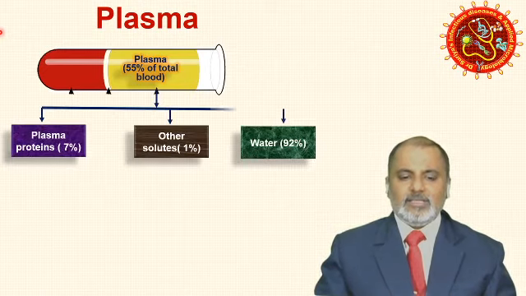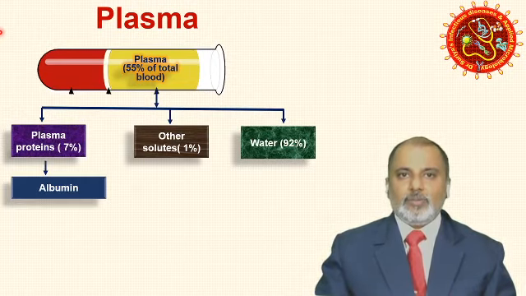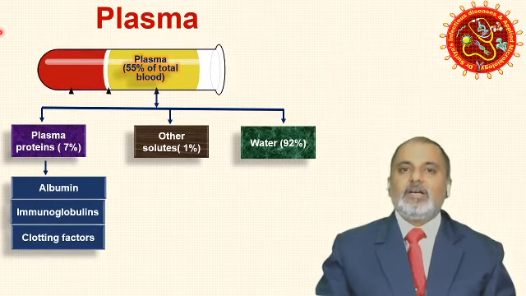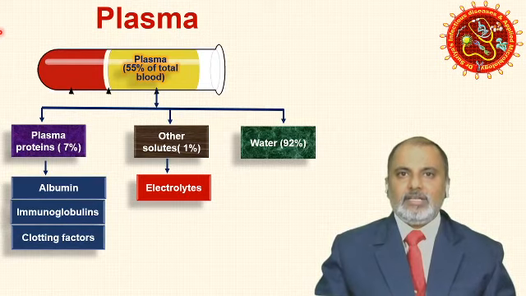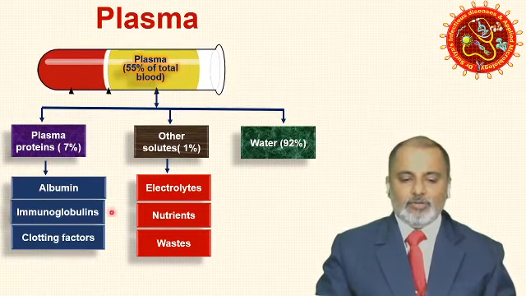It contains plasma proteins, solutes and water, 92% water. The plasma proteins contain albumin, globulin, immunoglobulins and clotting factors. The solutes contain electrolytes, nutrients and wastes. So this is the composition of plasma. So it contains immunoglobulins.